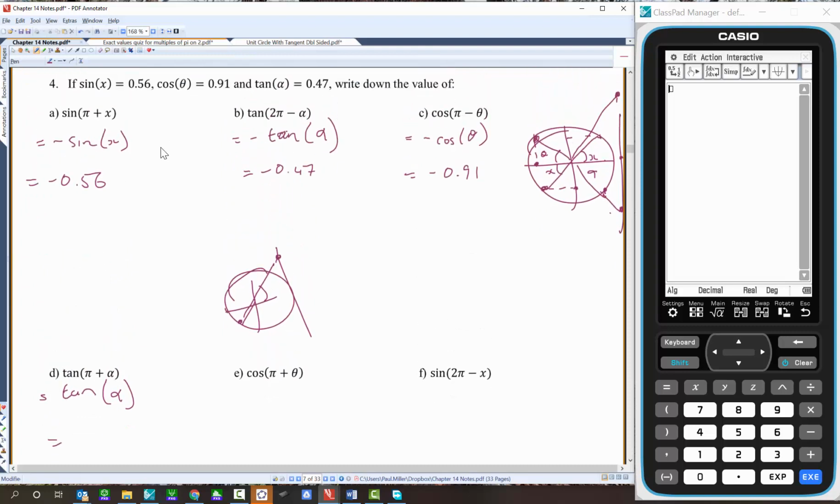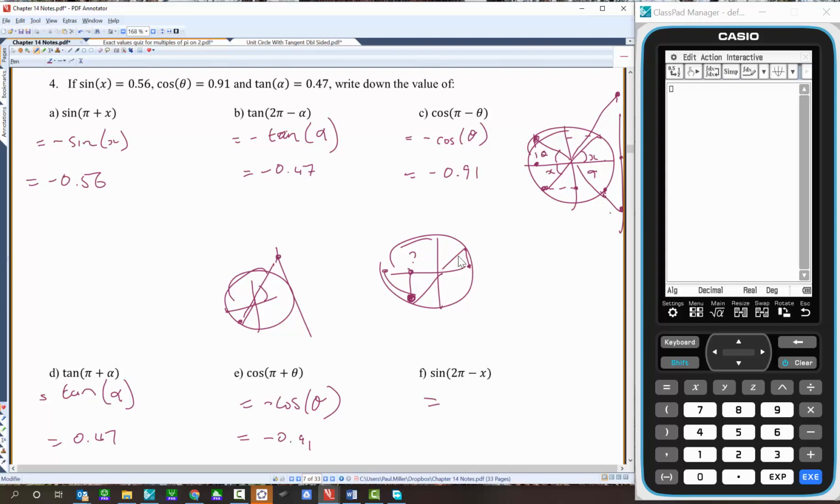Cosine of pi plus theta. We're at pi, and we're going to go theta more. This is what we want here, the x value. So why don't we do it in the first quadrant and negate it to get the negative version of that. So that's negative cosine of theta. Cosine of theta is 0.91, so negative 0.91.